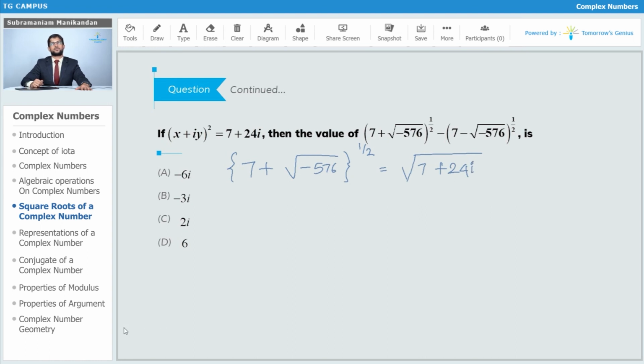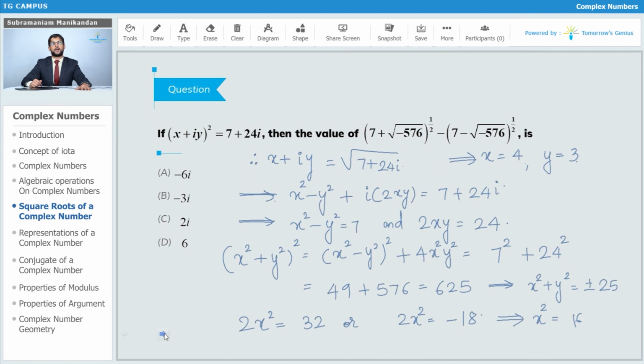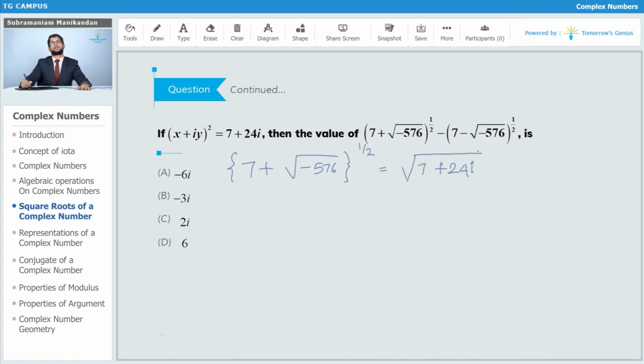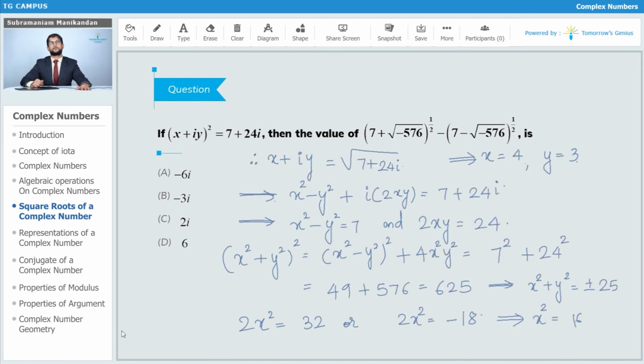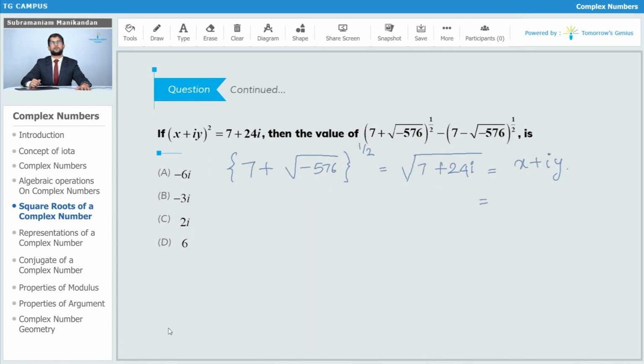And so square root of 7 plus 24i is equal to x plus iy. That's 4 plus 3i.